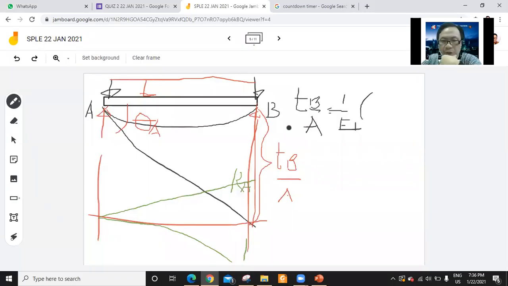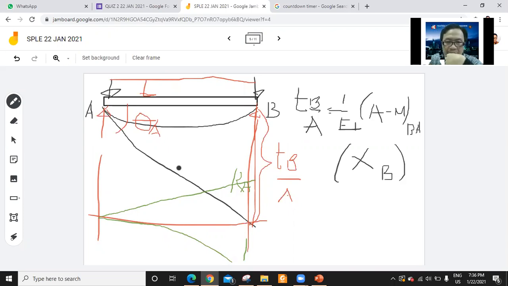So you have here 1 over EI times the area of the moment diagram, from B to A or A to B, the same. Then you multiply by the centroid coming from B. For example, here the centroid is here, so XB is going here.